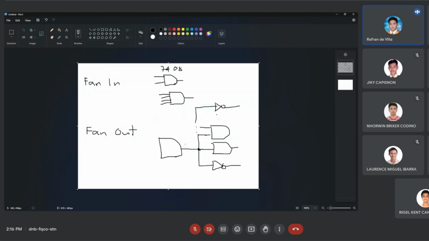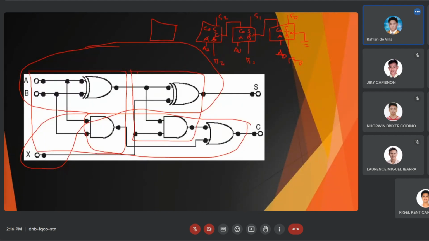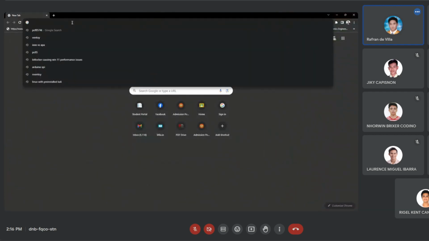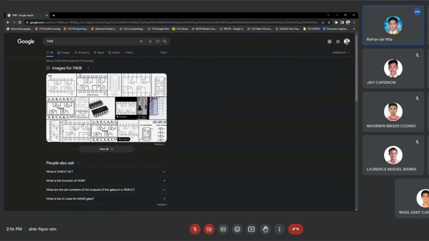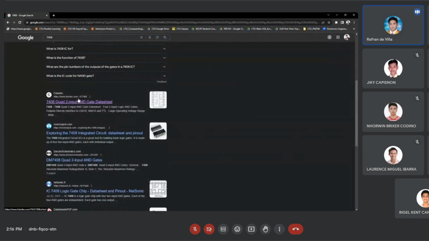So let's say this 7408 output. How will we know that? Is there a table we can see, or do we need to compute it? Now if you try to look at a datasheet, let's try to open a datasheet. 7408. Let's show the datasheet.